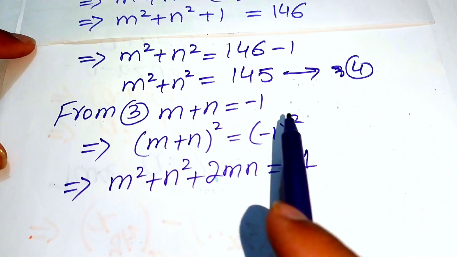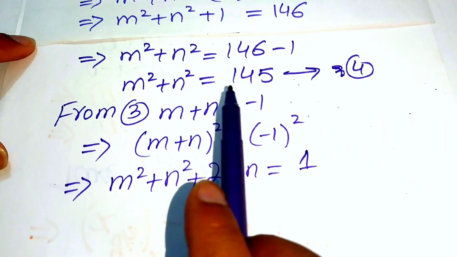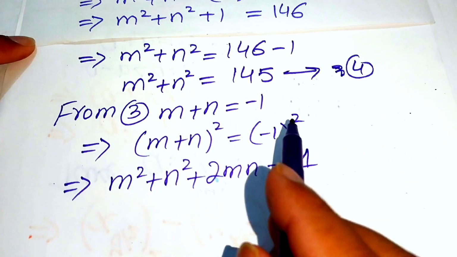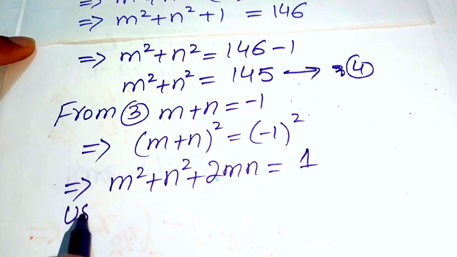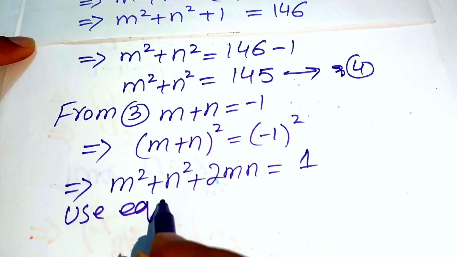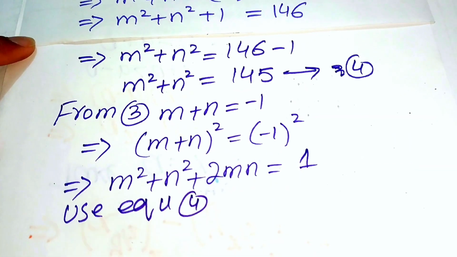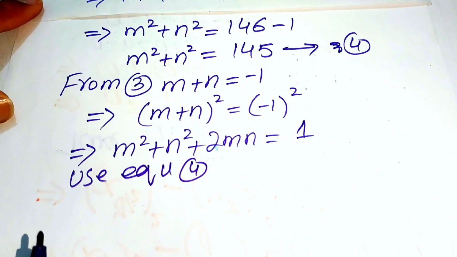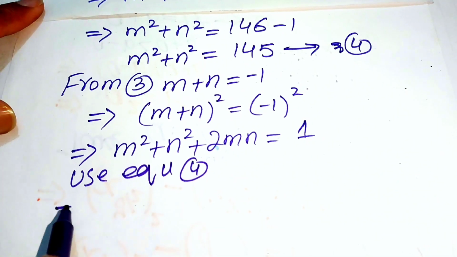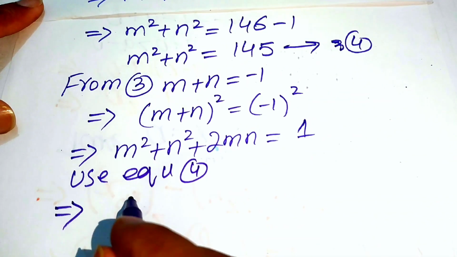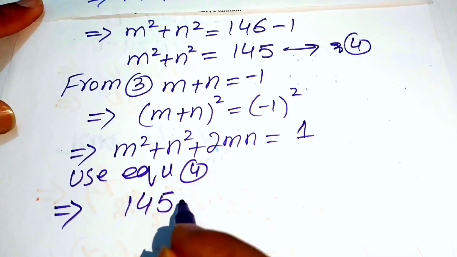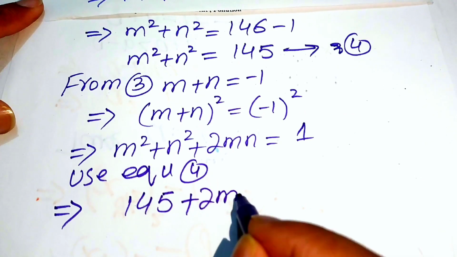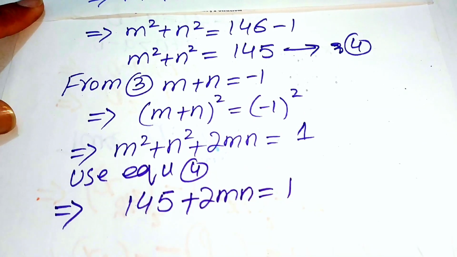We know that m squared plus n squared is 145, so we use equation number 4 here: 145 plus 2 times mn equals 1.